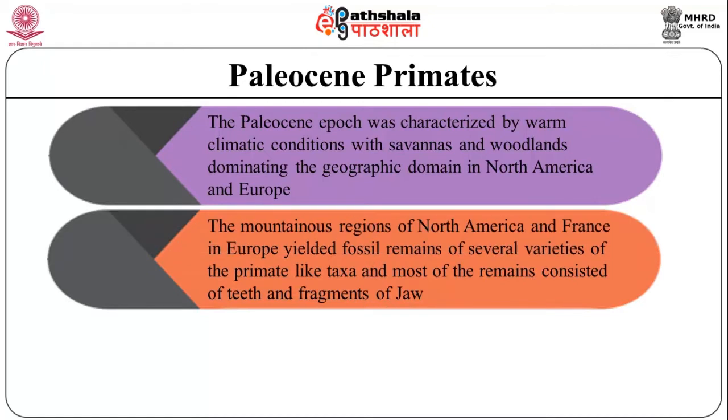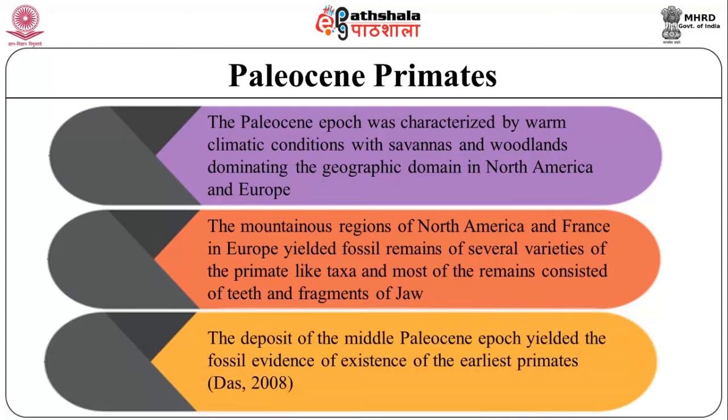The mountainous regions of North America and France in Europe yielded fossil remains of several varieties of primate-like taxa, and most of the remains consisted of teeth and fragments of jaw. The deposit of the Middle Paleocene epoch yielded the fossil evidence of the existence of the earliest primates.